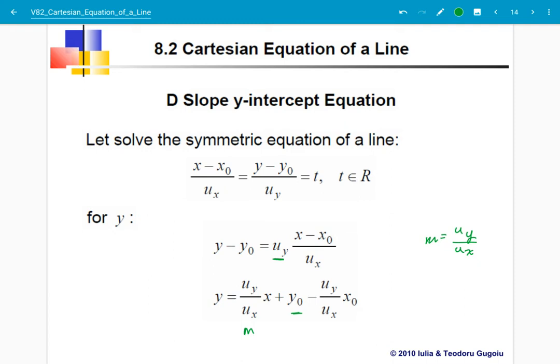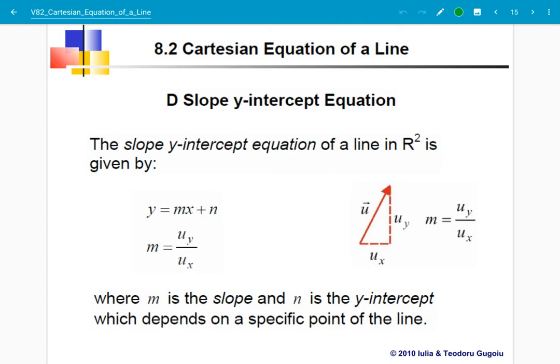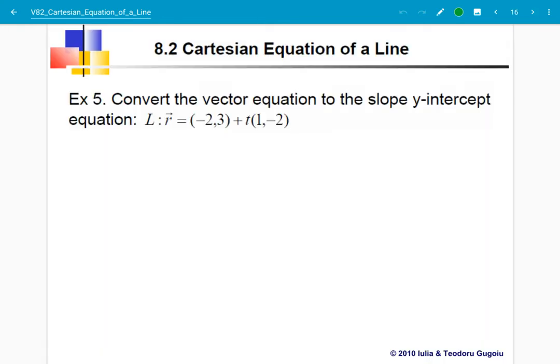There's the slope, and that complicated thing is the y-intercept. What it really is is it moves you from x naught, y naught along the line till you get to x is equal to 0. That's the idea anyways. Slope y-intercept equation, right? Not a lot to say here. I already talked about that.